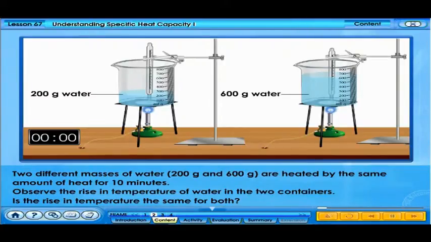Two different masses of water, that is, 200 grams and 600 grams, are heated by the same amount of heat for 10 minutes. Observe the rise in temperature of water in the two containers. Is the rise in temperature the same for both?